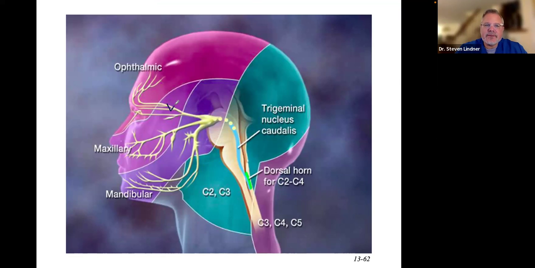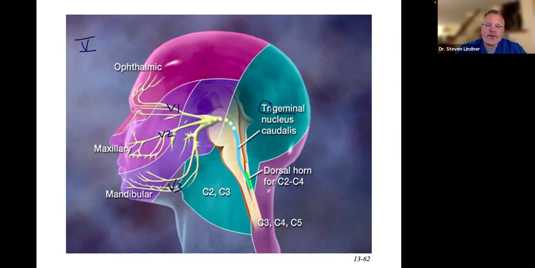It has a V1, a V2, and a V3. V refers to cranial nerve 5, which is trigeminal. It has 3 divisions, right? It's called trigeminal, meaning 3.